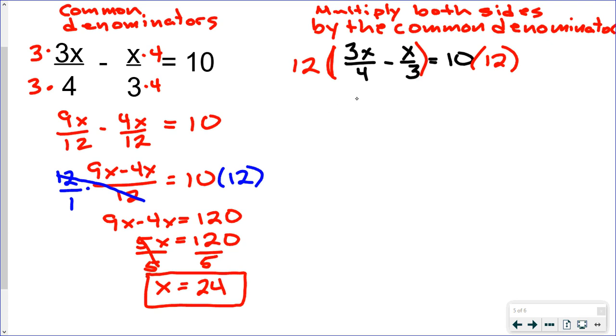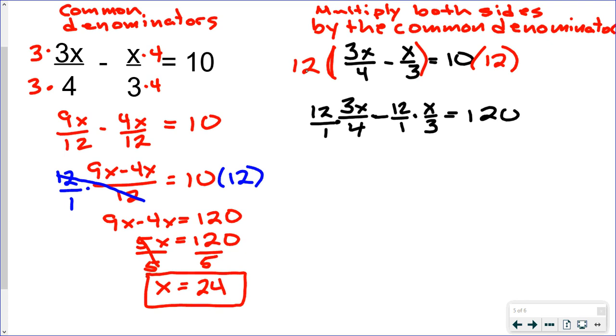I'm going to write this out long ways, okay? And you'll see why. 3x over 4 multiplied by 12 over 1 minus 12 over 1 times x over 3 equals 120.